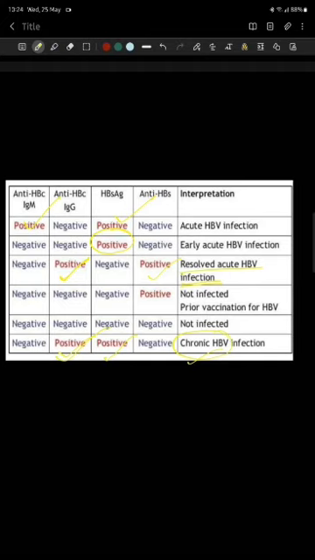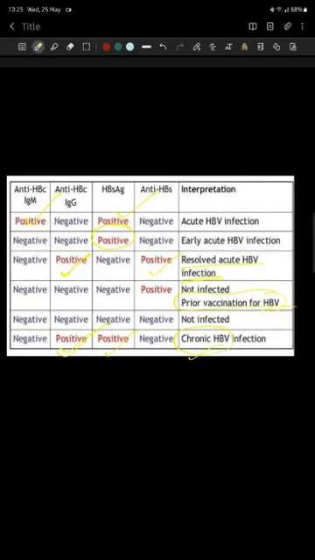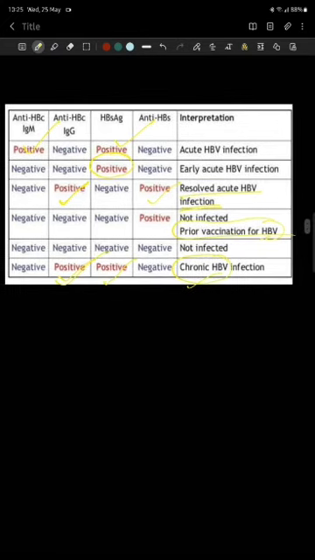When the person is not infected, none of the markers will be positive. Non-infected but prior vaccination for hepatitis B virus: just a few seconds ago I told only hepatitis B surface antibody will be positive if the person is immunized. Okay, this is quite simple.